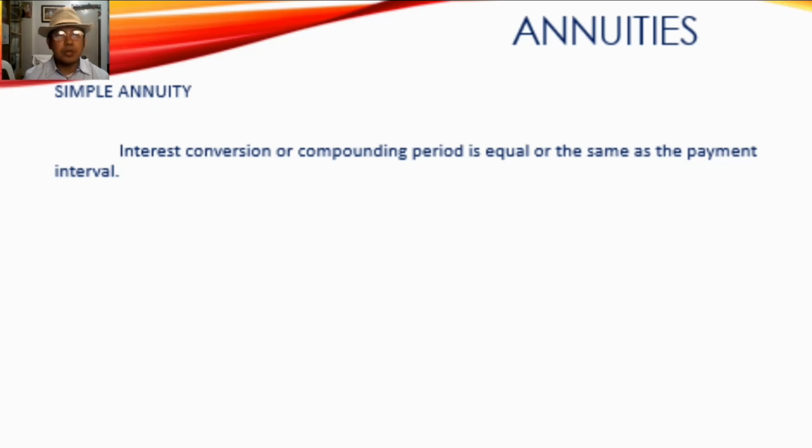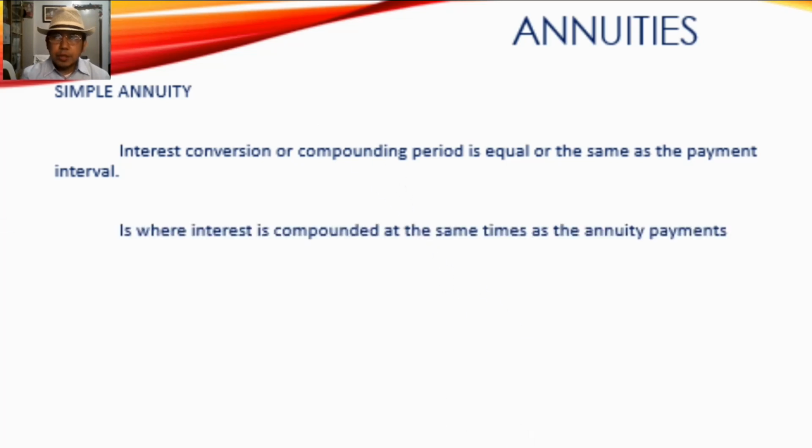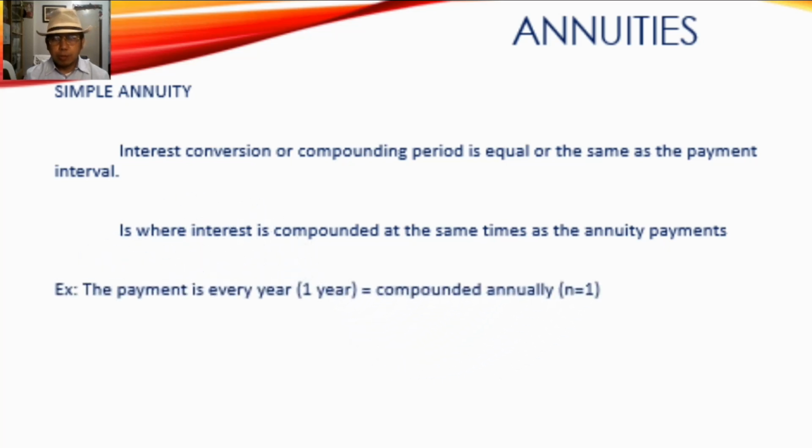Let's see first the next statement before we consider the explanation. It is where interest is compounded at the same time as the annuity payment. What do we mean by this? Your payment interval is actually equal to the length of the compounding period.